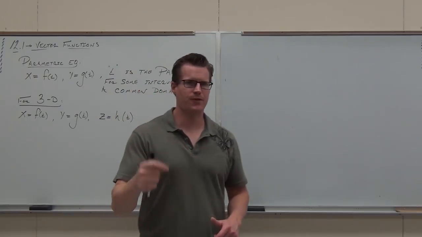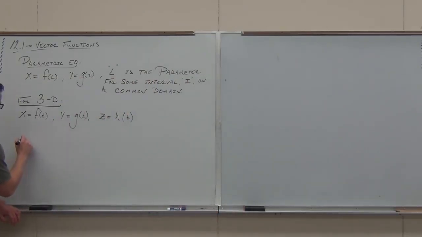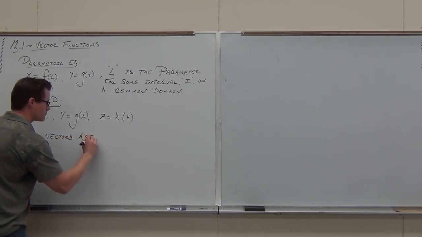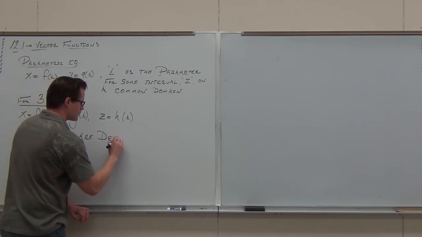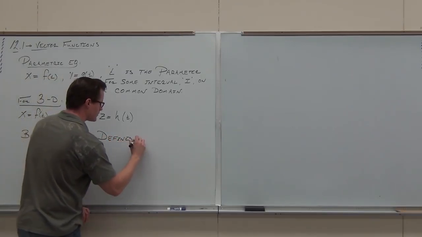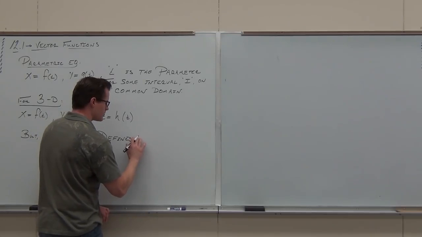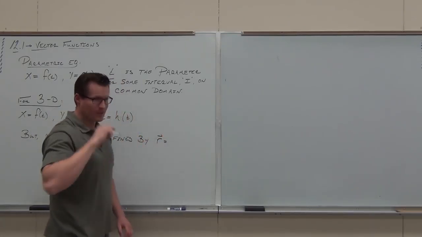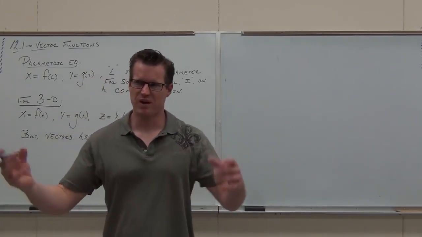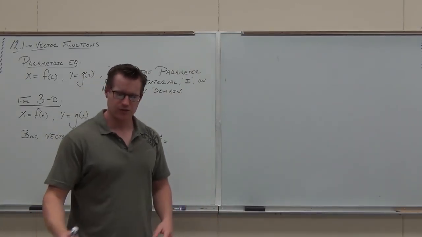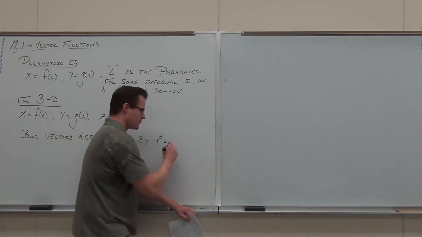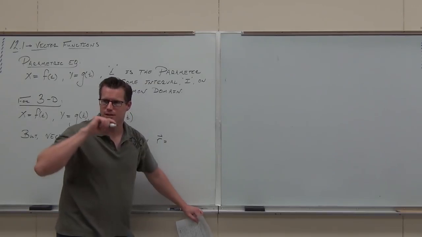Vectors are also defined like this. A vector R, if I had just this random vector R, and I said, how do vectors look? Well, vectors look this way. They have, what comes first, x, y, or z?